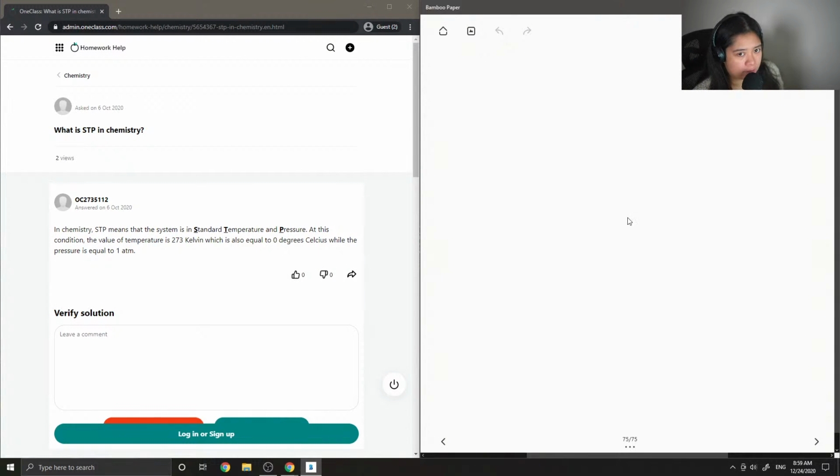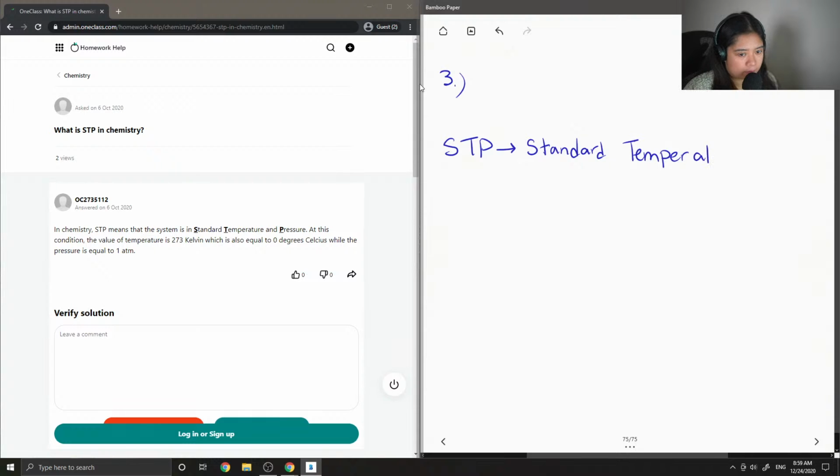Okay, so on to question number 3. What is STP in chemistry? Pretty straightforward question. STP stands for standard temperature and pressure.